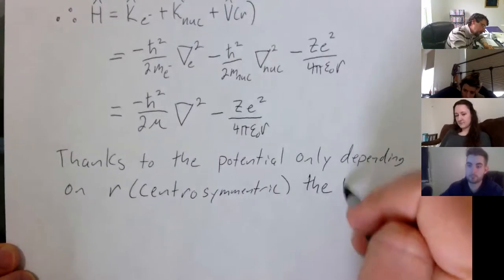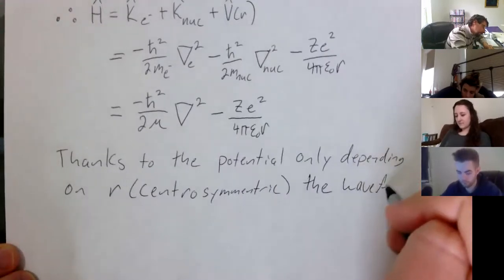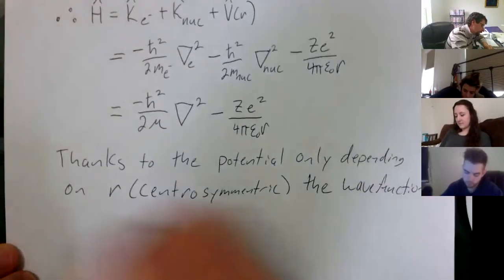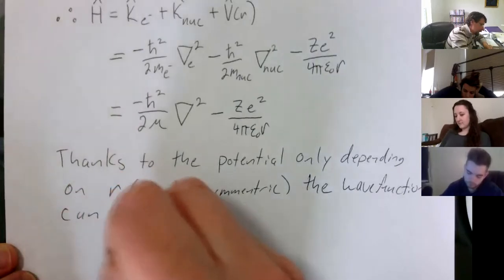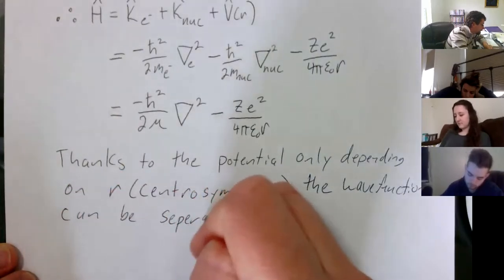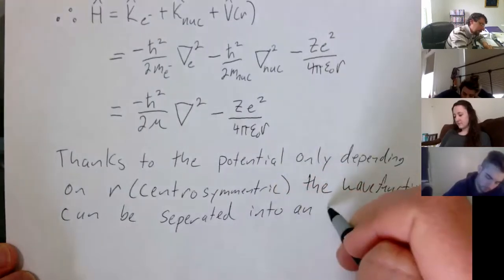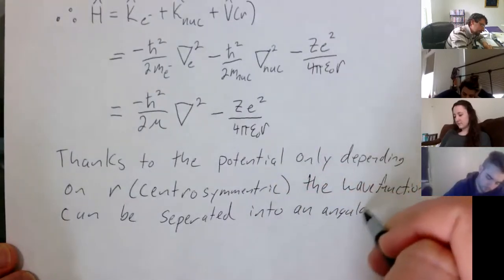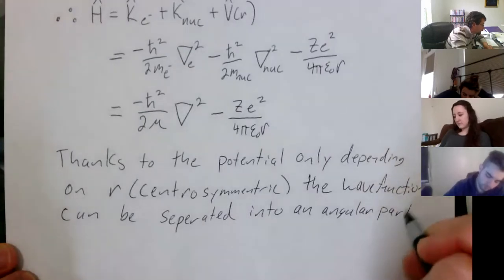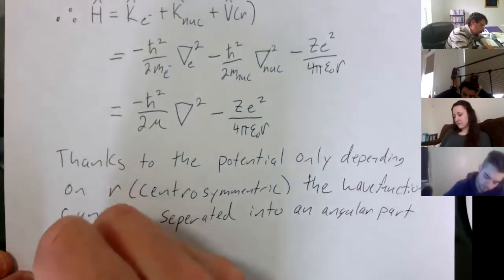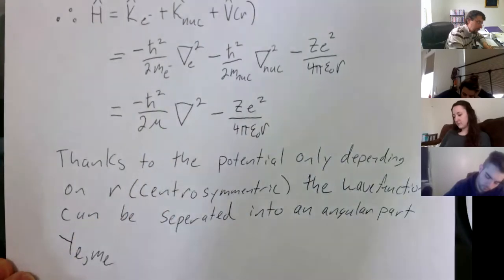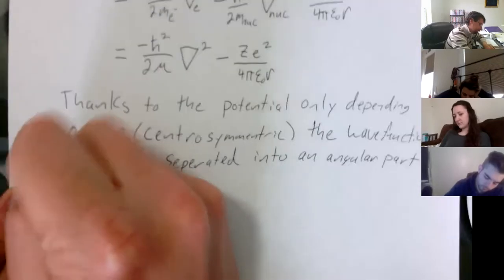So the wave function can be separated into an angular part, Y sub L M sub L, like we've seen before.